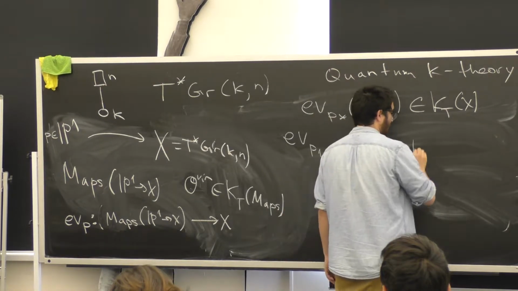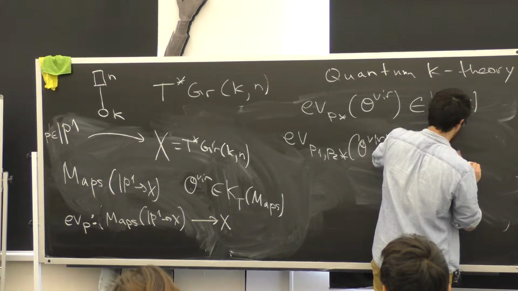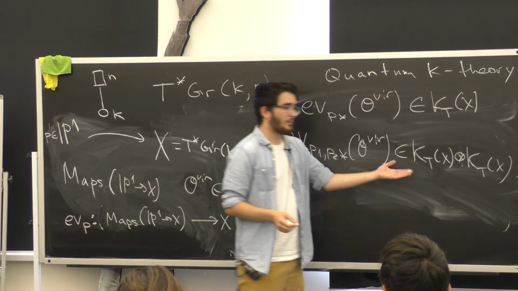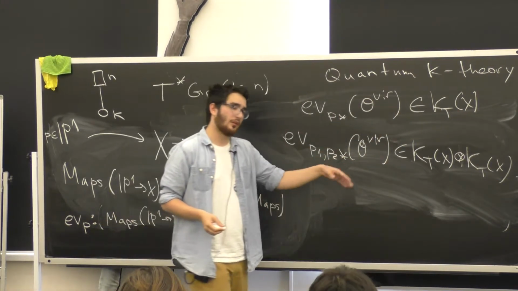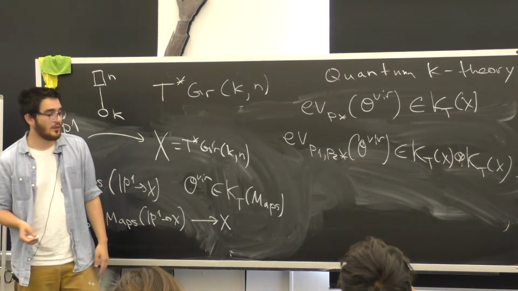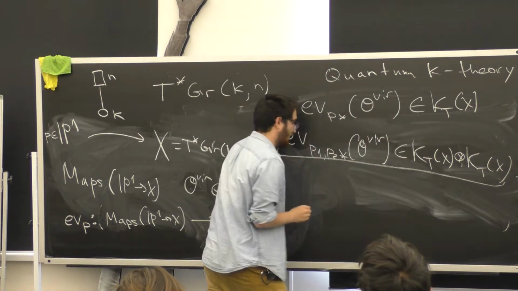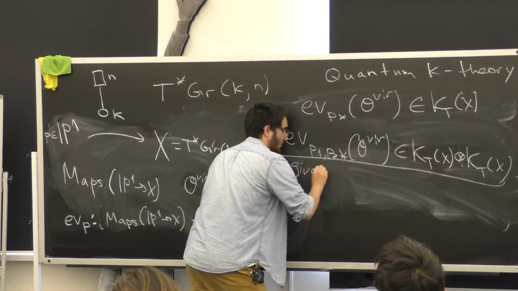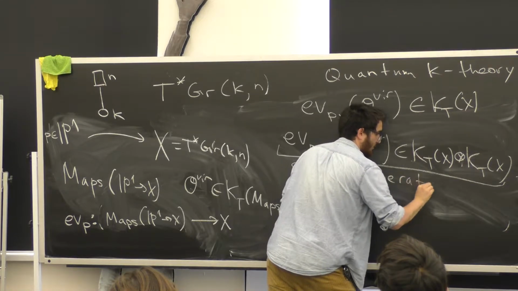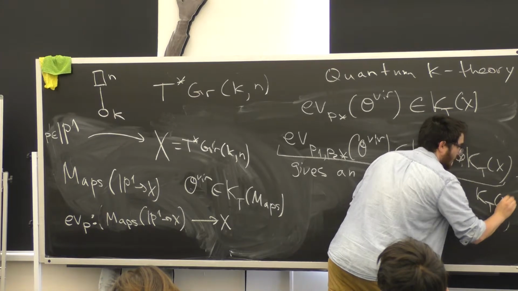And this will be an element in the tensor square of the K-theory of X. And from an element in the tensor square, using a bilinear form, we can construct, of course, an operator acting on X. So something like this gives an operator on K-theory of X.